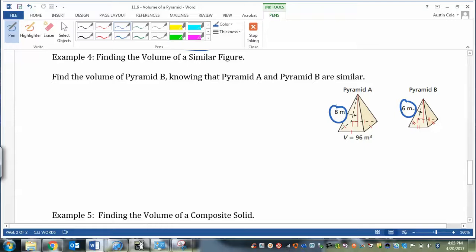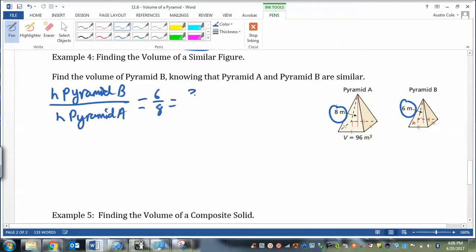The thing we're trying to find of pyramid B is the volume. So if I take height of pyramid B divided by height of pyramid A, I get 6 divided by 8.